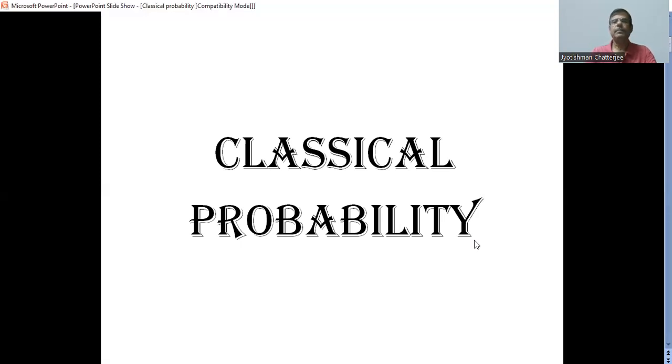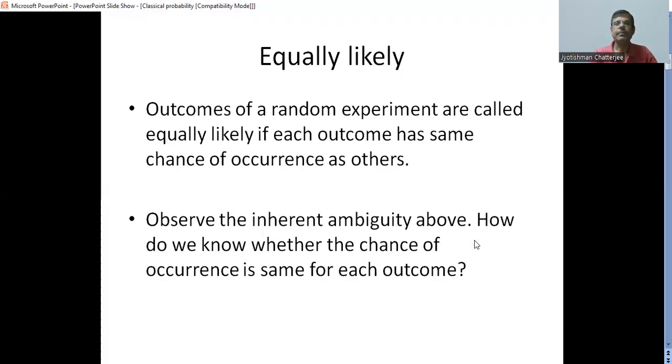Classical probability, that's what it is called. Say the way we'll do probability to start with, that's called classical probability. And gradually the definition will come. We are moving into the formal description of probability. And in order to do that, there's a terminology called equally likely.